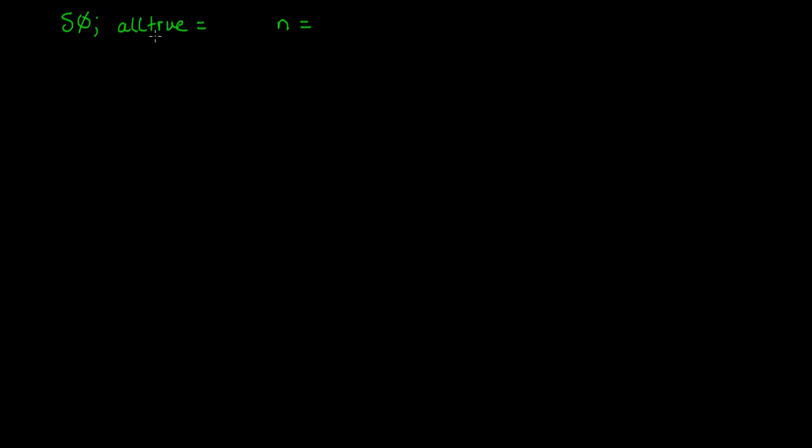We have to figure out how to initialize the variable all true, and we've got to figure out how to initialize n, our loop counter variable, the thing that drives our invariant. So we can do two things here. We can initialize or come up with an initial value for n and work out what all true has to be, or we can substitute a value in for both at the same time.